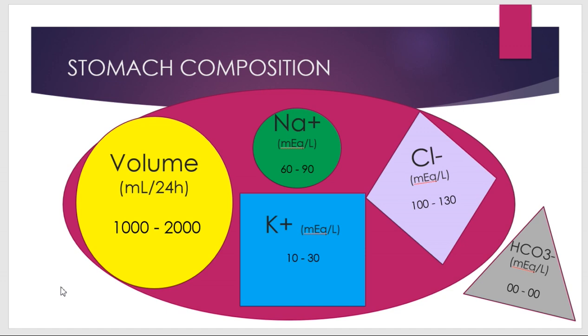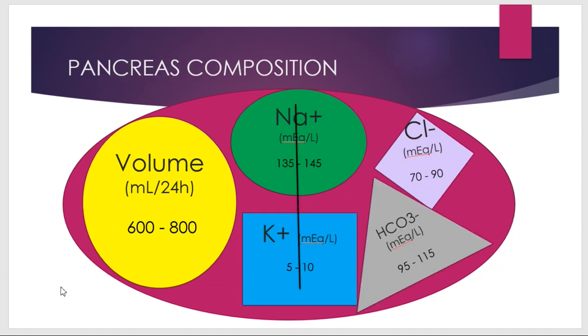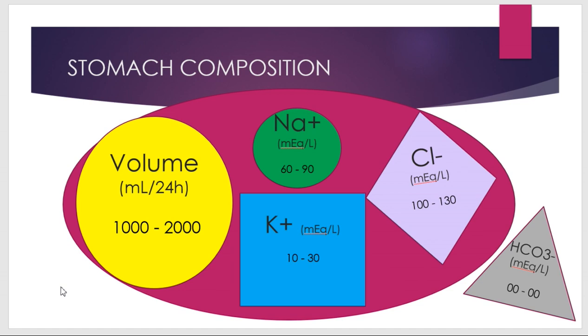Now when we are comparing, sodium and potassium were similar in bile and pancreas, but now the sodium block is smaller, meaning sodium content is lesser in gastric secretion as compared to bile and pancreatic secretion.